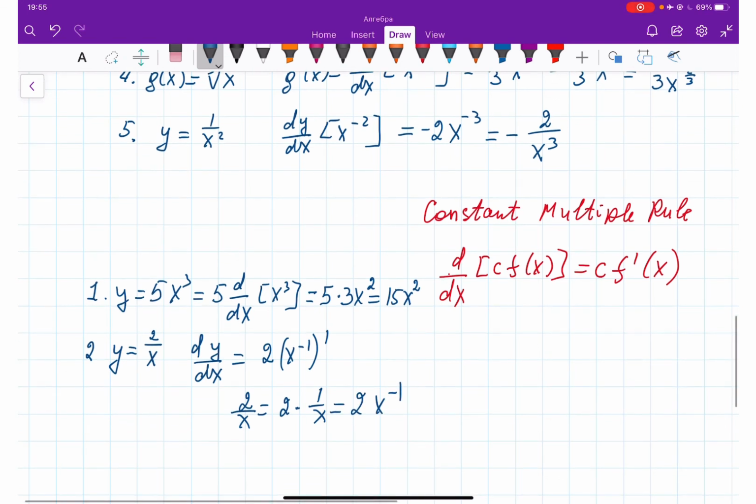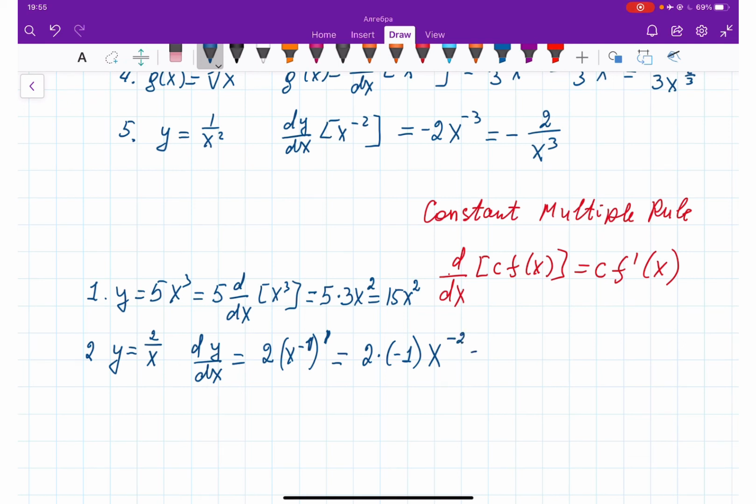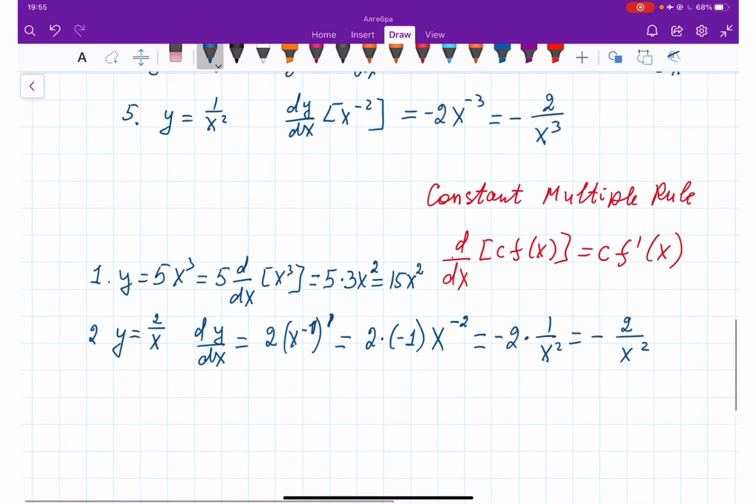That's where I got 2 times x to the power negative 1, prime. So that means negative 1 comes in front, x, and negative 1 minus 1 will be negative 2. And the result is going to be negative 2 times 1/x squared, which means negative 2 over x squared.